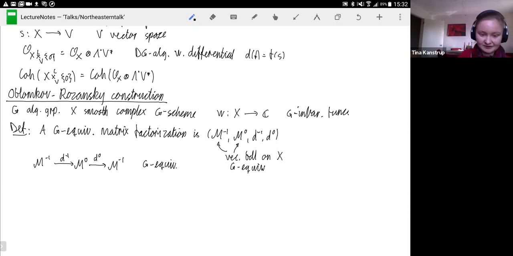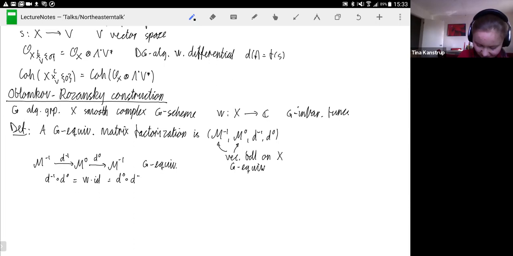And the condition is that if I compose these in either order, this should be the same as taking W times the identity. So all I end up doing is multiplying by the function W, which is called the potential.